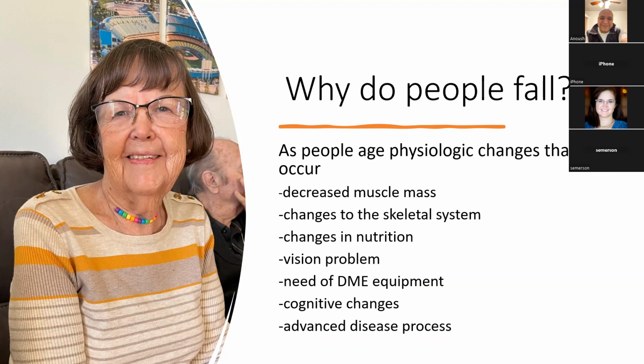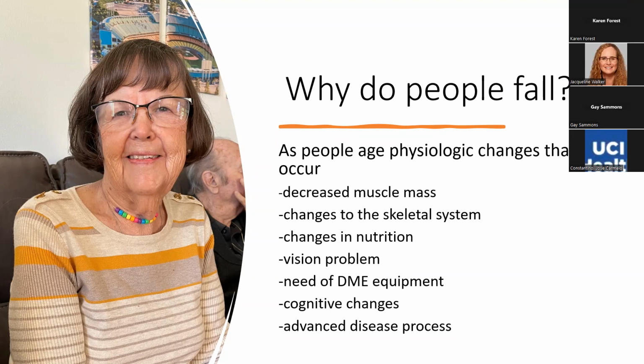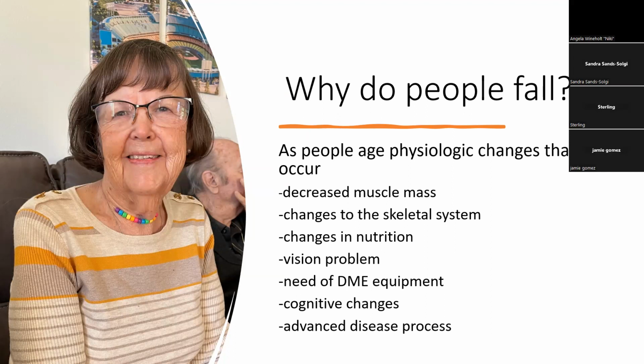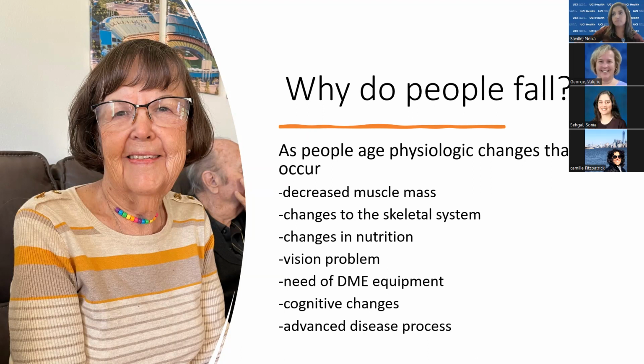Changes to the skeletal system, so changes in the feet, spine changes or loss of height with osteoporosis, also osteoarthritis in the knee joints. Also can have changes in the nutrition. So as people get older, they tend not to eat as much, and they lose muscle mass that way. They also decrease oral intake as far as fluids, with risk for dehydration.